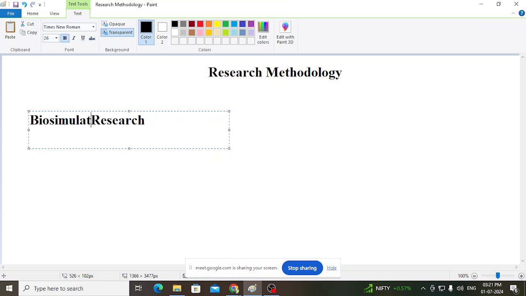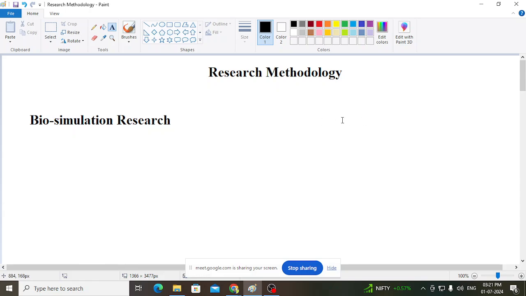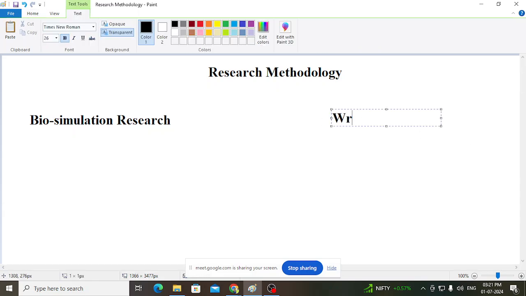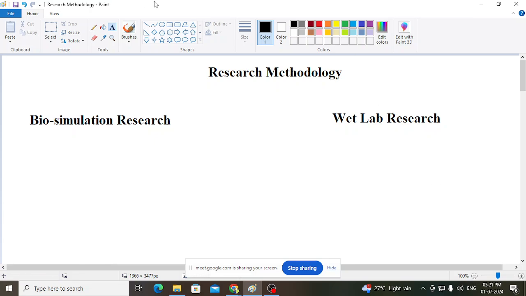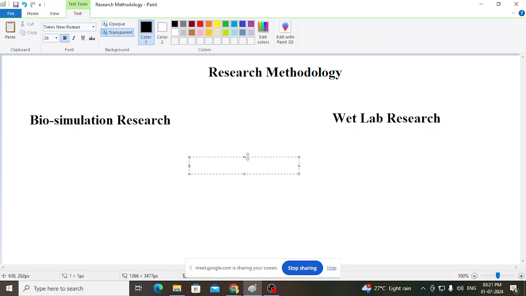Okay, that is a better terminology. This is one kind of research, and one more kind of research is wet lab research. For both types of research we do need raw materials.